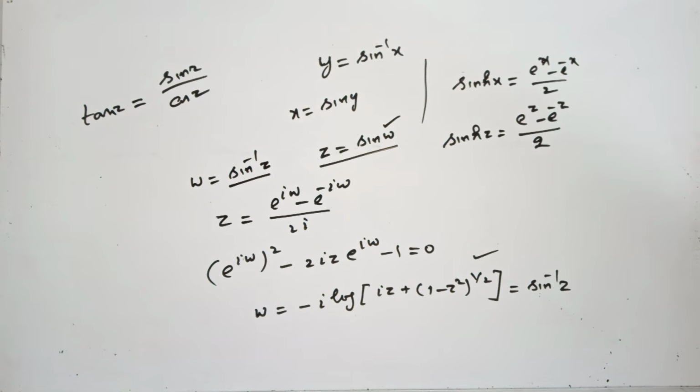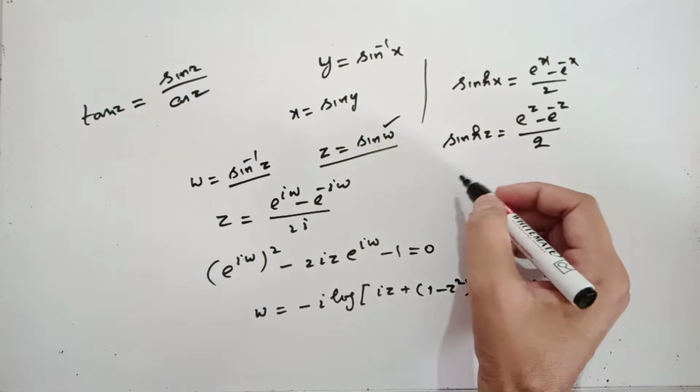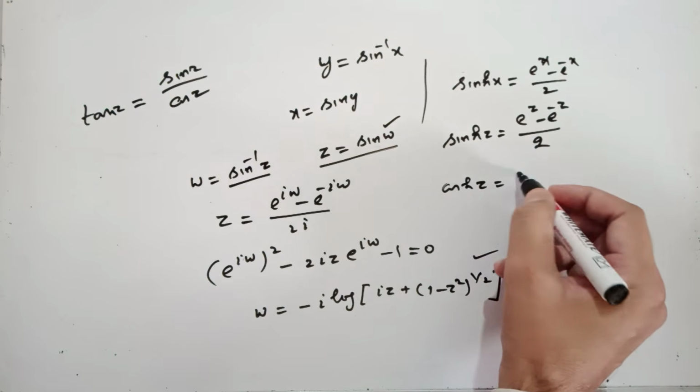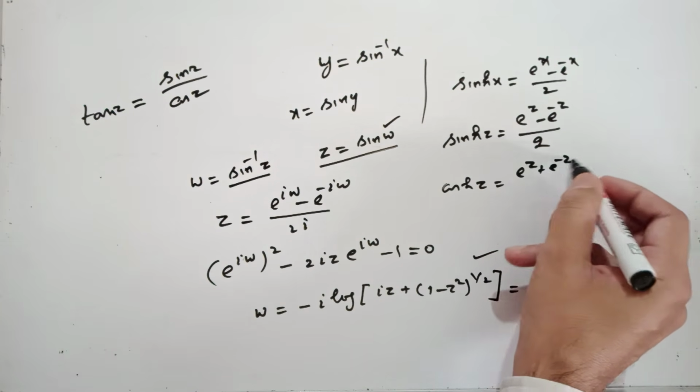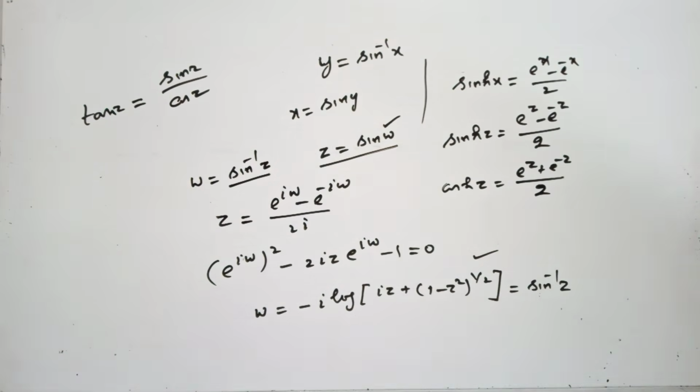Same way you can define cos hyperbolic z. It is e power z plus e power minus z divided by 2. Accordingly, you can see properties of these complex hyperbolic functions parallel to the properties of real hyperbolic functions because the definitions are similar.